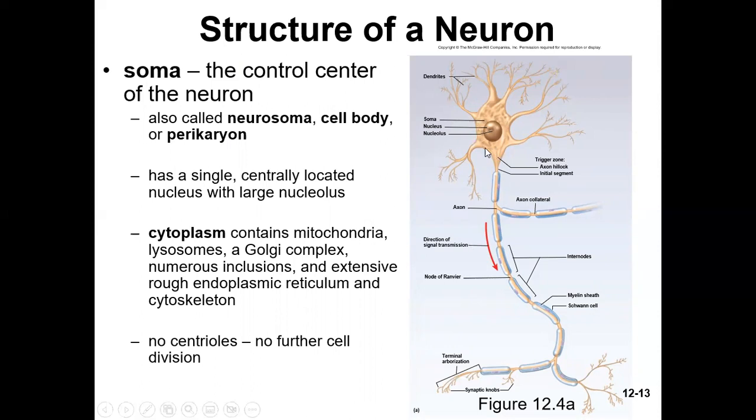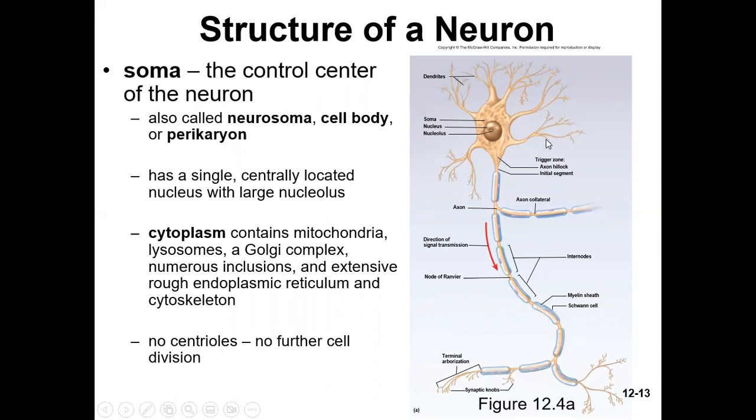Now on this picture, we can see a couple other things here. Off of the cell body, we see this area. It's kind of like a triangle. It's called the axon hillock. And then you have this tail that comes off of the neuron. This is its axon. You only have one axon and it might have some collateral fibers coming off of it, as in this case, we have an axon collateral that comes off of the main axon.